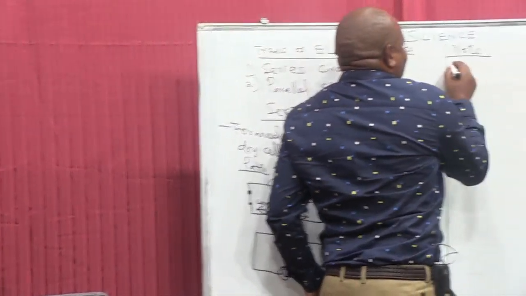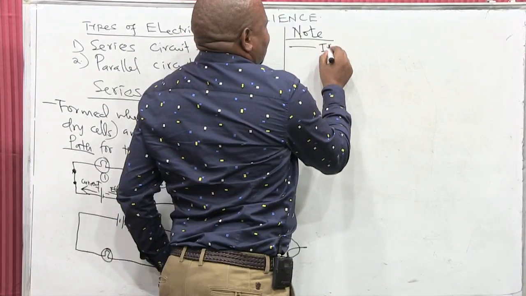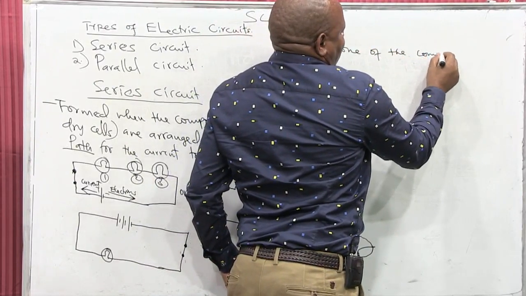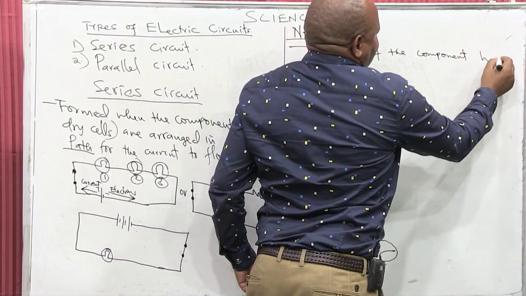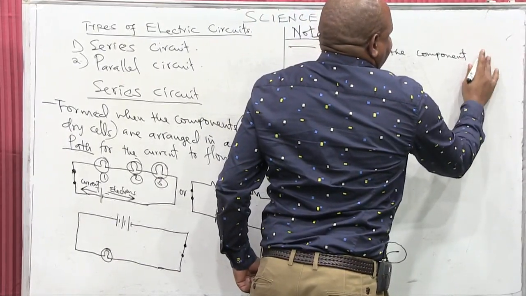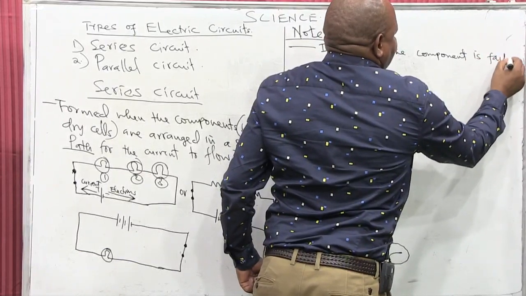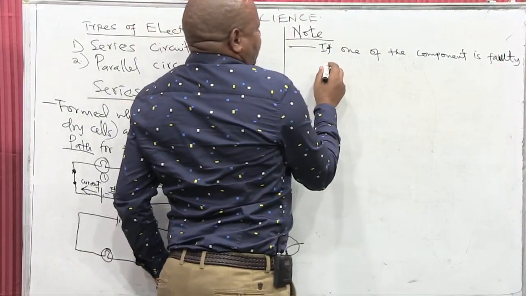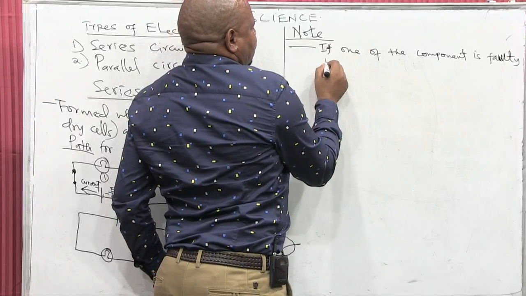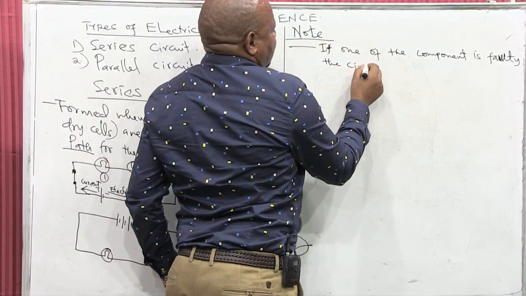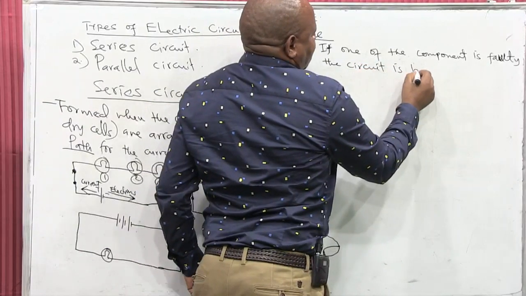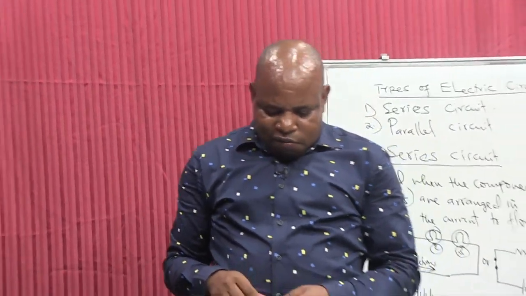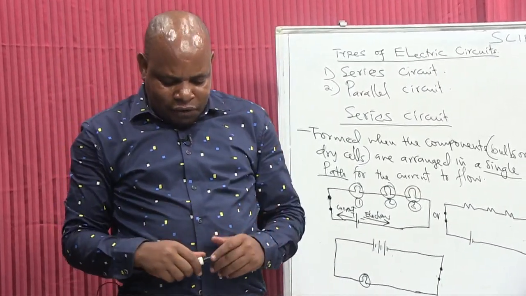Let me write it. If one of the component is faulty, the circuit is broken, meaning the current cannot flow.